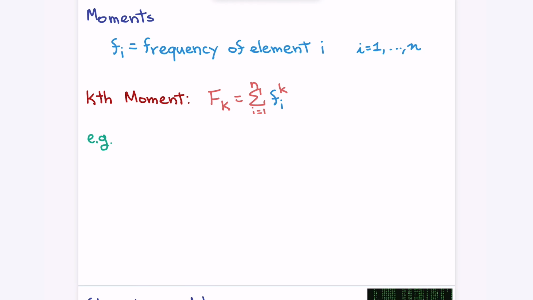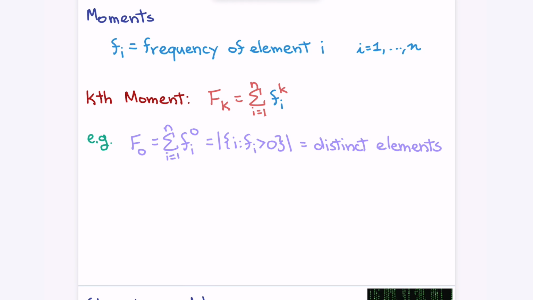In particular, the 0th moment, where 0 to the 0 counts as 0, 1 to the 0 counts as 1, 10 to the 0 counts as 1, counts the number of distinct elements. The first moment is not too interesting. It's just counting up the total length of the stream.